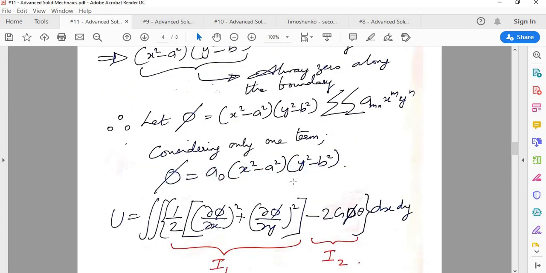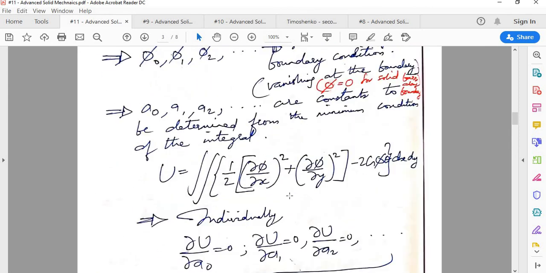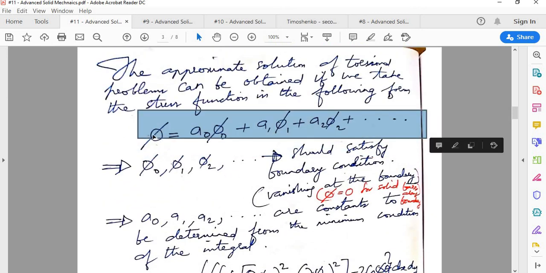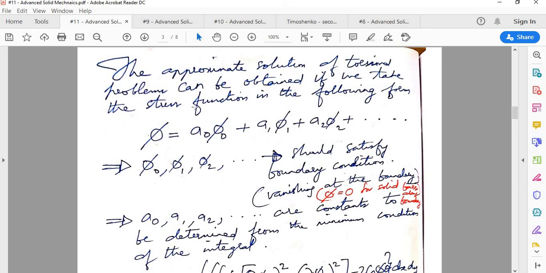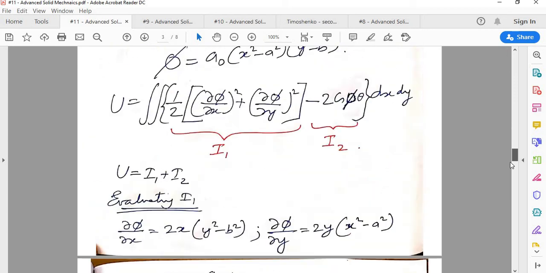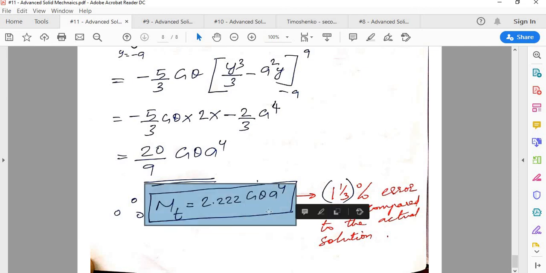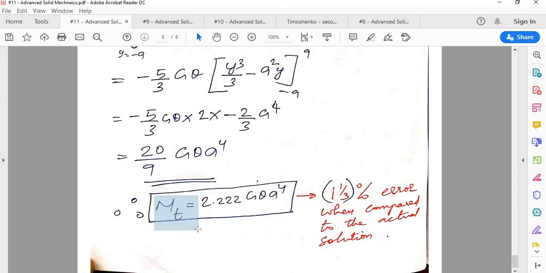Okay, and as we said, through its formulation itself, it is clear that the solution of phi is only approximate as long as you are taking a finite number of terms. So how much is the error if you take only one term? This is the expression for MT if you take only one term, MT in terms of G and theta and half the length of side.